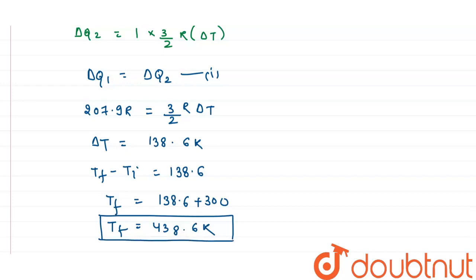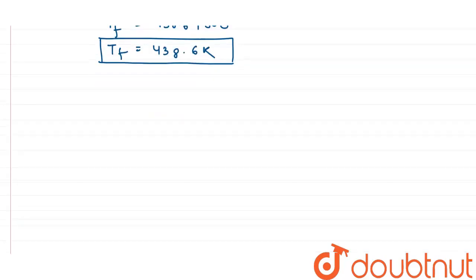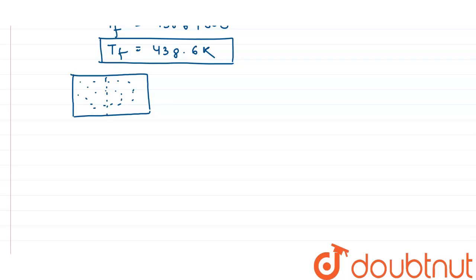Now in the question it is said that the gases are intermixing. That means we will remove the partition. Now the gas is intermixing in both vessels.